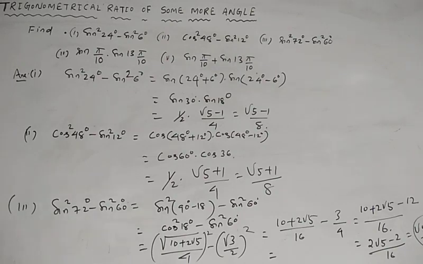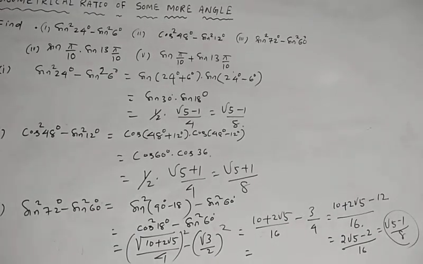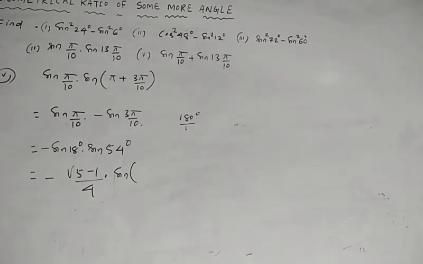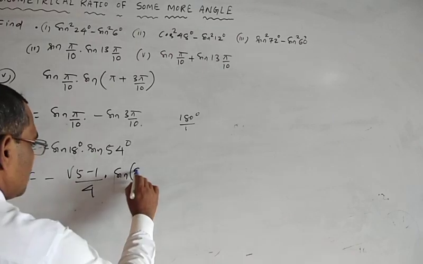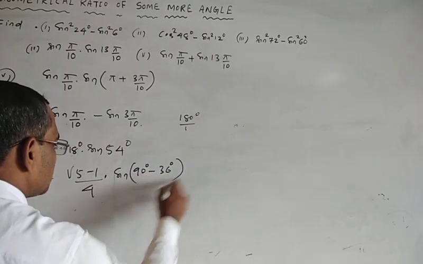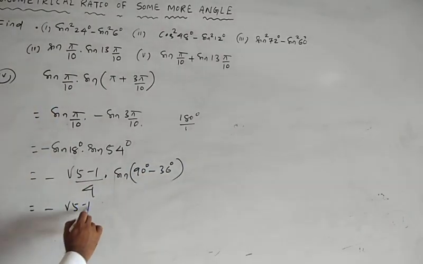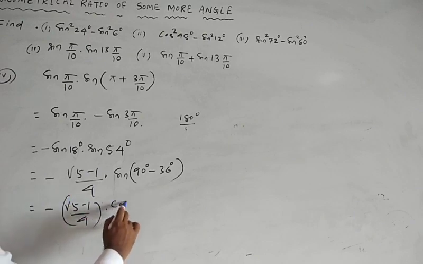Next you have to calculate sin pi by 10 into sin 13 pi by 10. So 90 minus 36 degree. So this is equal to minus root 5 minus 1 by 4 into cos 36 degree.